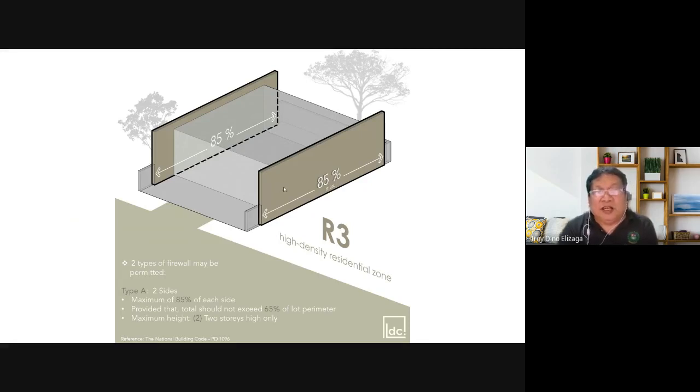No, this is normally for row houses, okay? Because even for a single detached house, the owner might want to really use up the space. So they're allowed to use both setbacks at the side as long as they put a firewall.